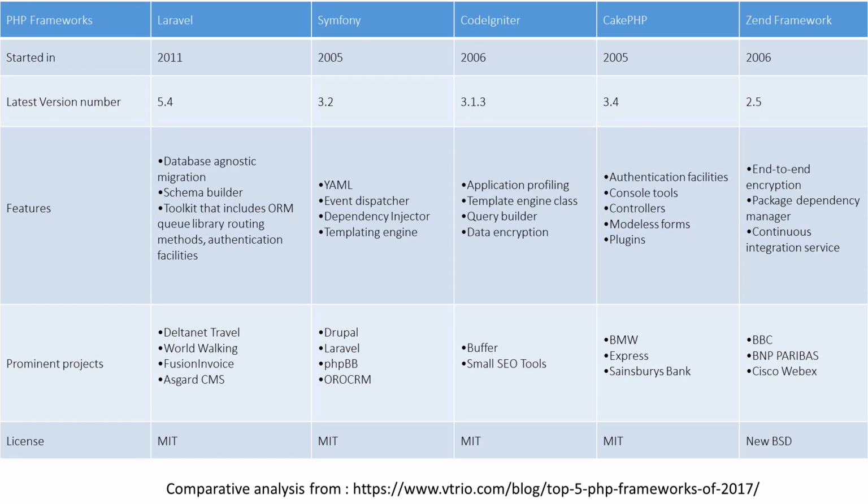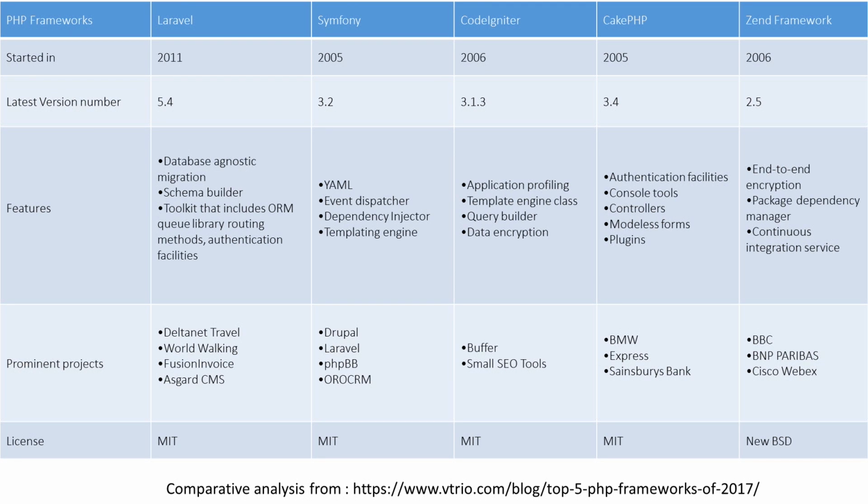Some prominent projects who have used Laravel are DeltaNet, WorldWalking, Fusion Invoice. Symfony, the most iconic or the most famous, Drupal has used Symfony. Laravel also is based on Symfony, PHP BB and ORO CRM. CodeIgniter, small SEO tools and buffer.